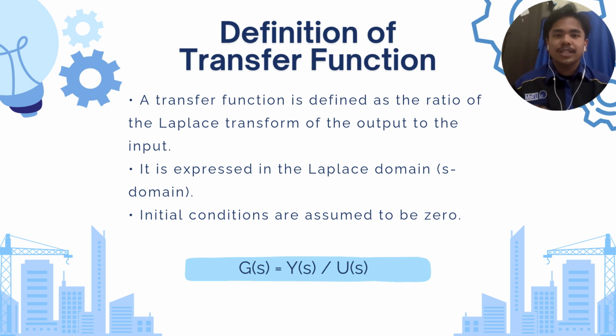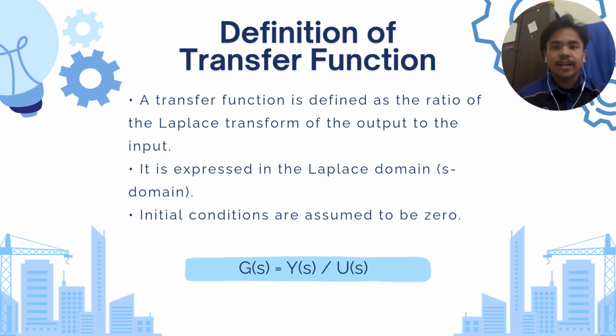Before solving this question, it is important that we understand the basic concept of transfer function. A transfer function is defined as ratio of the Laplace transform of the output to the Laplace transform of the input, assuming zero initial conditions. Mathematically, it is written as G(s) equal Y(s) over U(s), where both Y(s) and U(s) are expressed in Laplace domain.